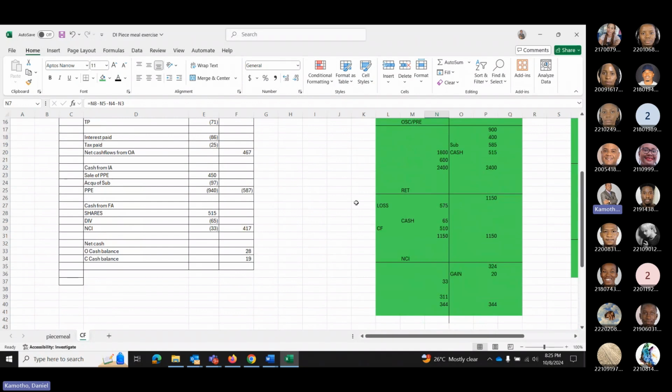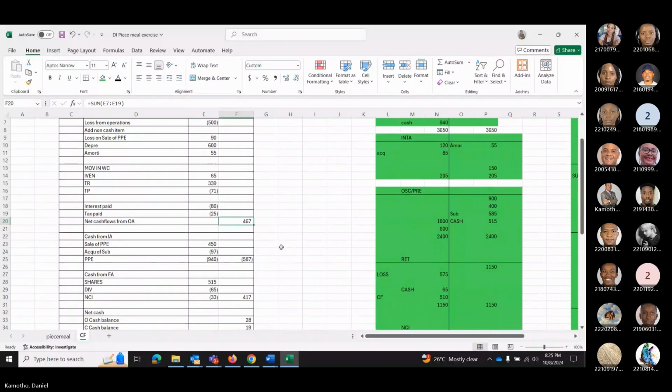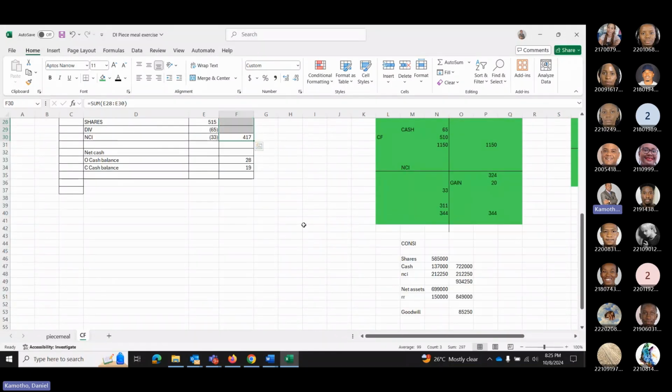Retained earnings, this is a loss. Depreciation, amortization, we add it back. Loss on PPE, and this is 500 or 69. Why are we having a big difference here? Let's see what the net is.